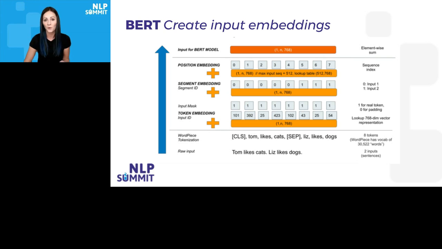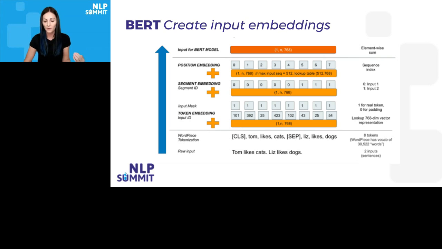And in this case, BERT uses a library called WordPiece to tokenize. And it's also introducing some separator tokens, CLS for classification, and the SEP token to mark the separation between sentences here. Then with those tokens, we actually create token embeddings.